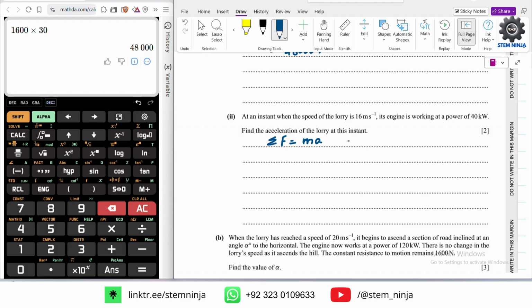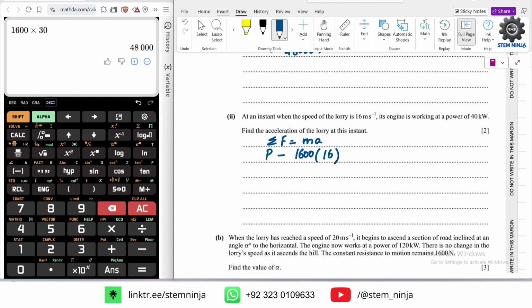Okay, so basically we need to figure out the force in fact. There's a constant resistance to motion, right? So power P minus 1600 times by 16 meters per second.